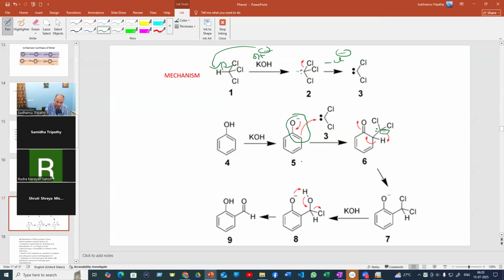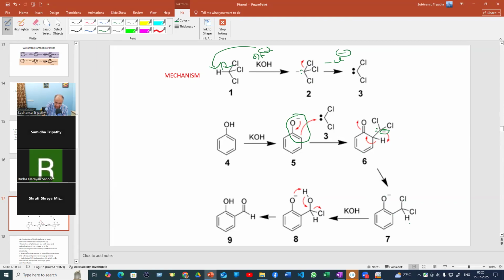Again a carbanion. I will write down myself. Just listen to me. Then proton transfer from the ortho carbon to the dichlorocarbene portion, that aromatizes. The aromaticity is restored and phenoxide ion is produced. Then what happens with another mole of KOH?